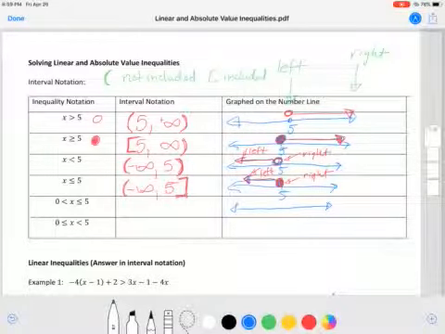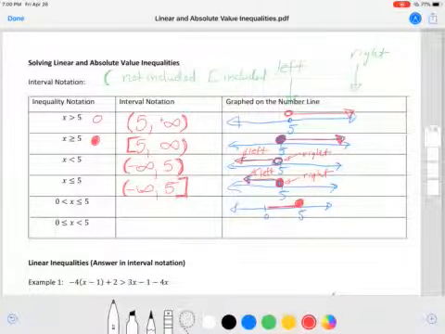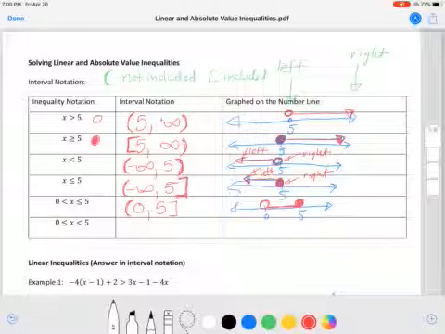Okay, next example. x is between 0 and 5, not including 0 but including 5, would look like this. I want everything in between 0 and 5, but I want to include 5, so that's going to be a closed circle. And I don't want to include 0, so that's going to be an open circle. So when I write my interval, I'm going to have 0 and 5 right next to my left. 0 is on my left, 5 is on my right. 0 is not being included, but 5 is being included.